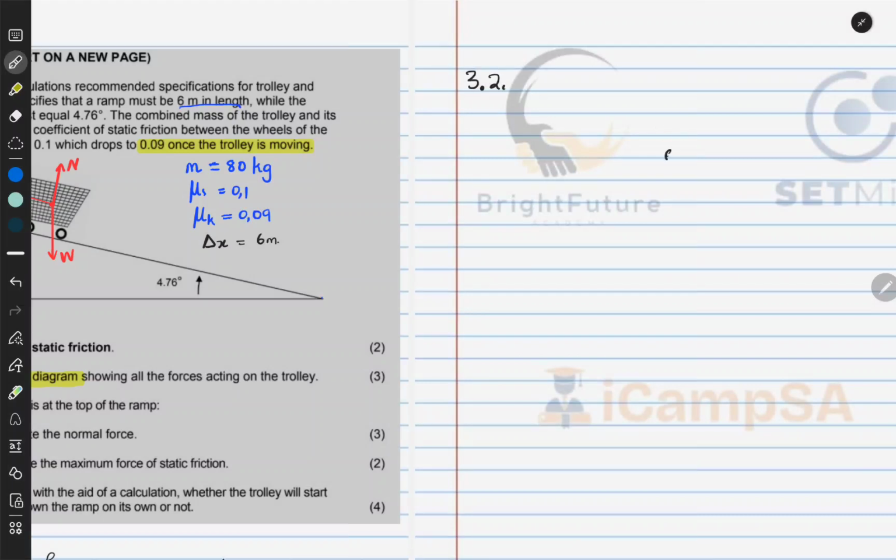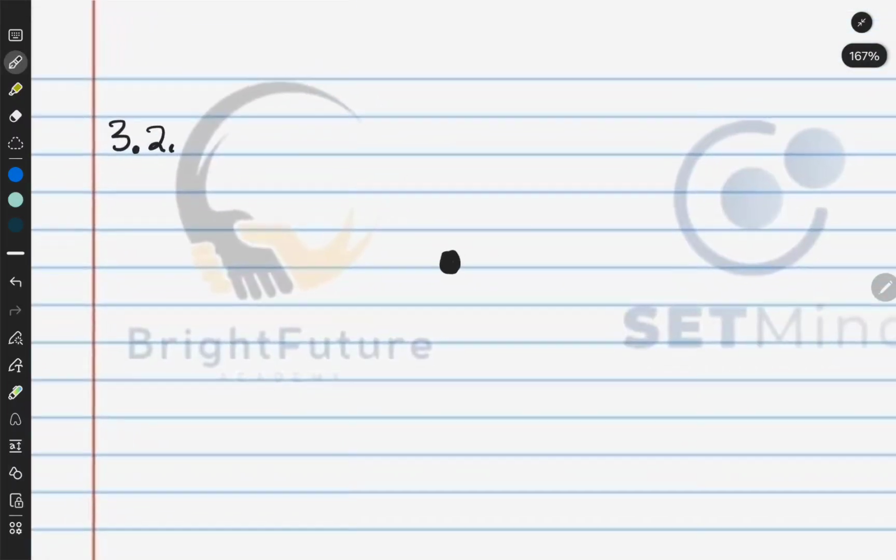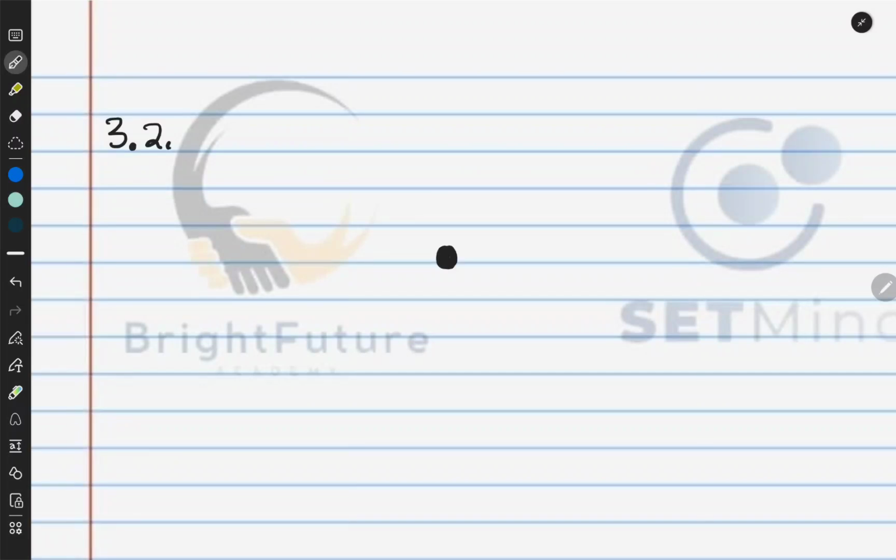I prefer a free body diagram because I know that 99.99% of the time that is what's mostly required. The other 0.01% is this instance right here where it's not specified.